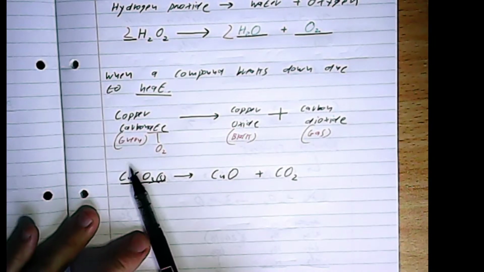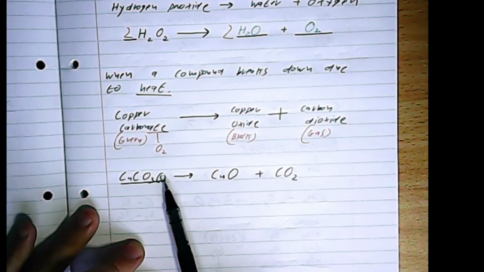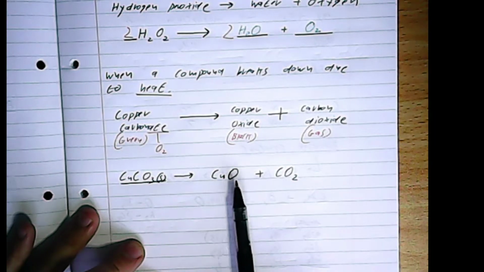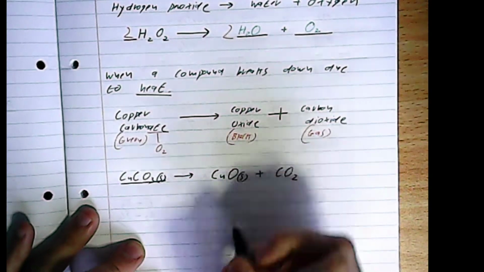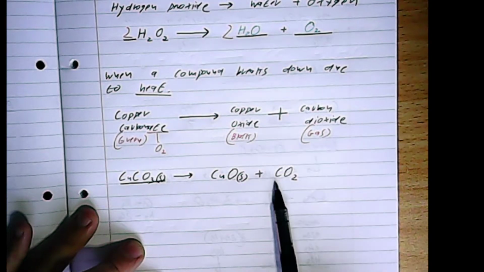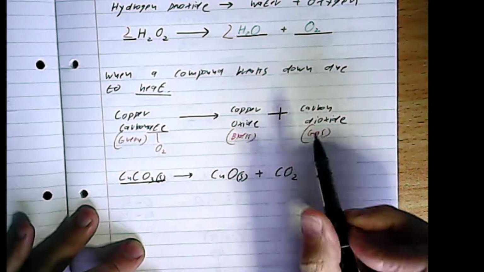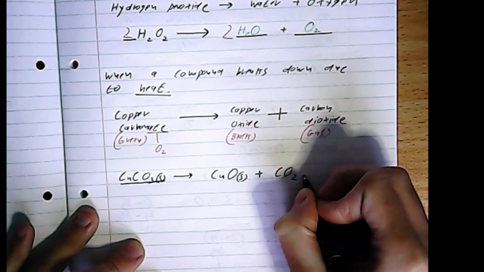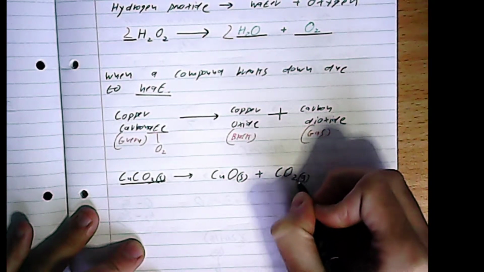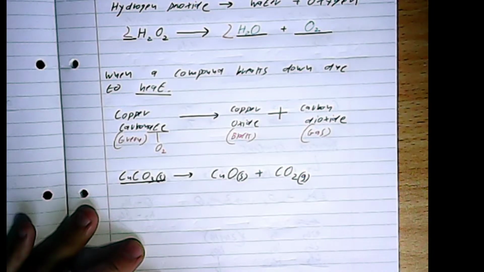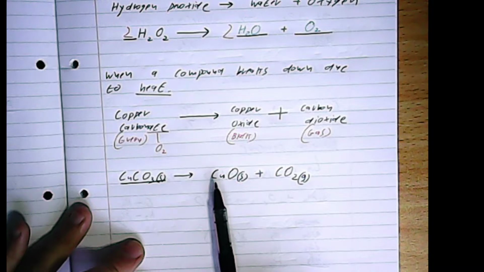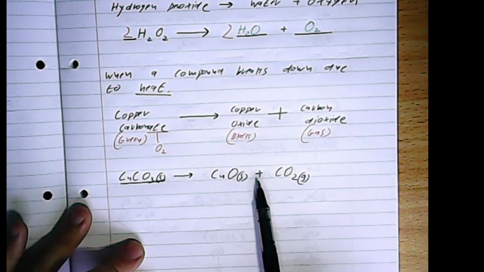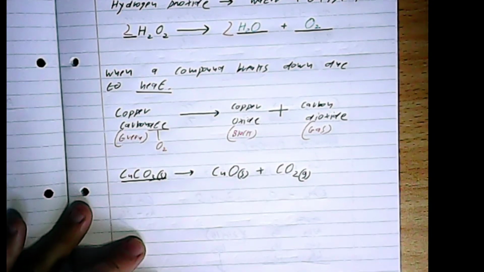And what that means is you've got copper carbonate, and that is a solid. Copper oxide, we said, is a solid. So that's a little S. And carbon dioxide, we said, was a gas. So we're going to write, unsurprisingly, a G in brackets as well. Alright, so copper carbonate, solid, thermally decomposes into copper oxide, which is solid, and carbon dioxide, which is a gas.